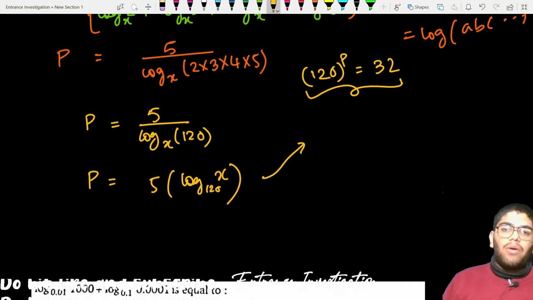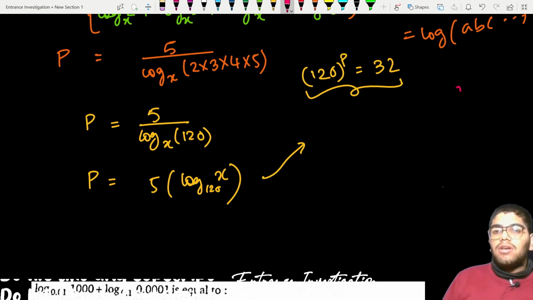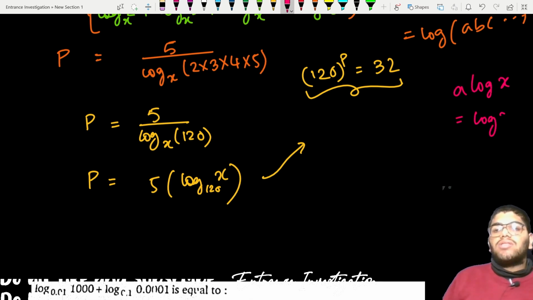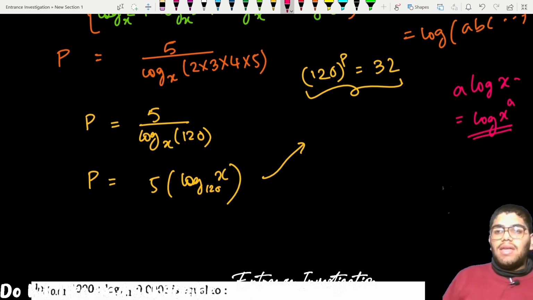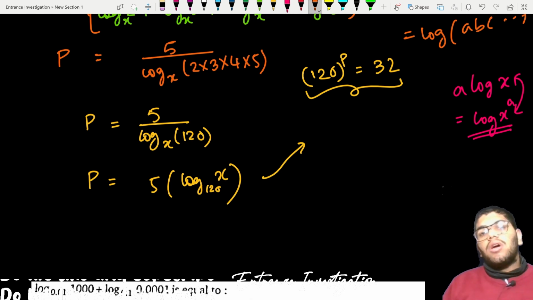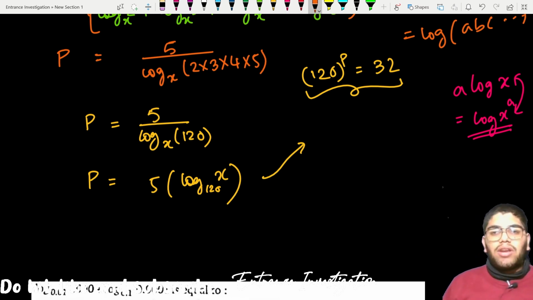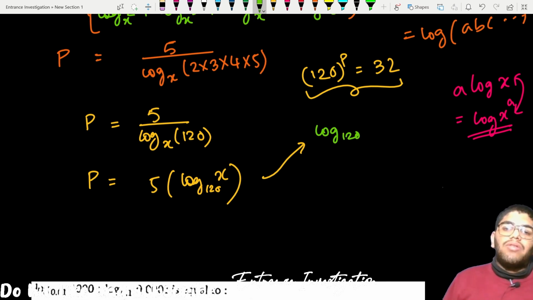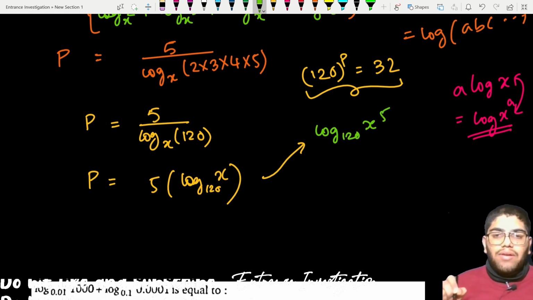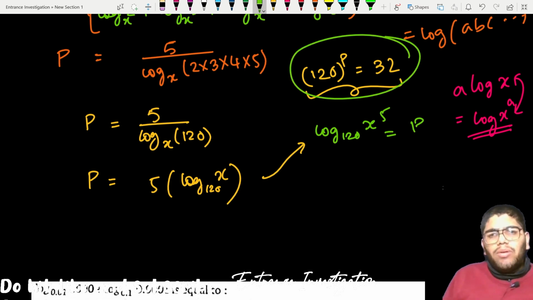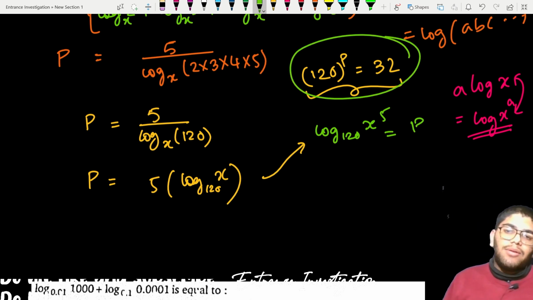So following this, I can also write a log x is log of x to the power a. Again, the solutions might vary for some particular values, but for a general result I can write these things. So simple as that. This can be written as log of 120 base x to the power 5. So this is equal to p, and I have been given that 120 raised to the power p is 32.